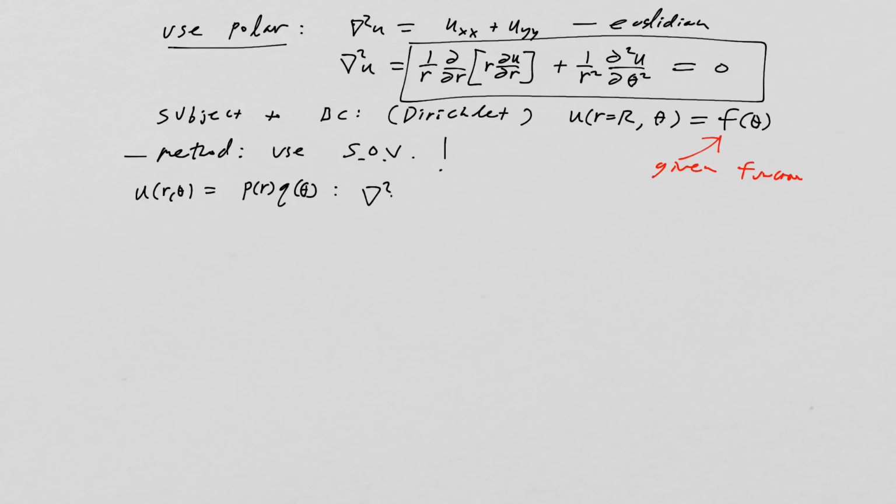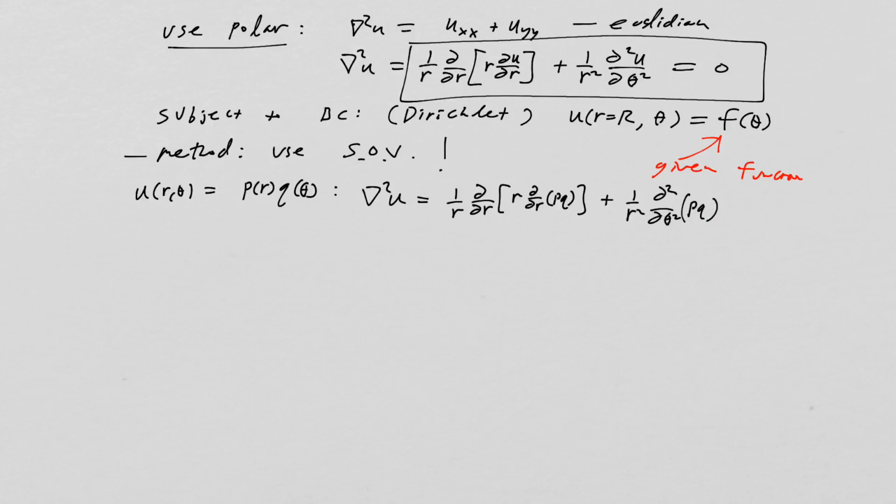So we have del squared of u is going to be 1 over r, the partial derivative with respect to r of r times the partial derivative with respect to r of p times q, plus 1 over r squared, the second partial with respect to theta of p times q there.